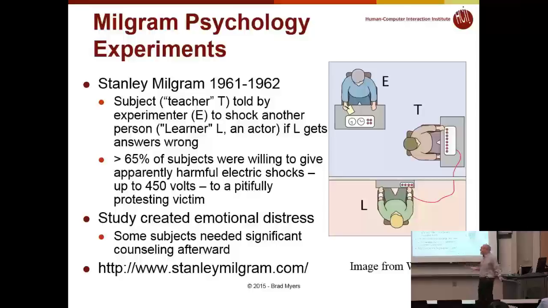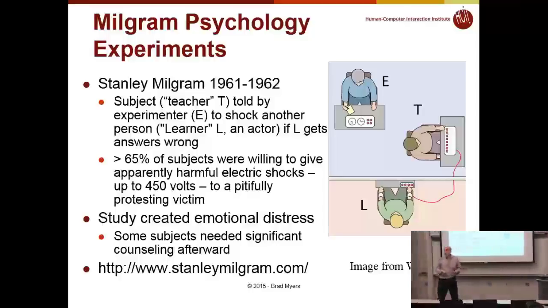And so the experimenter typically would say things like, "You must continue, please continue." And the teacher would say things like, "Oh, I don't want to go any further." And the experimenter would say, "No, it's part of the experiment, keep going." And 65% of the subjects were willing to give apparently harmful electronic shocks to a pitifully protesting victim.